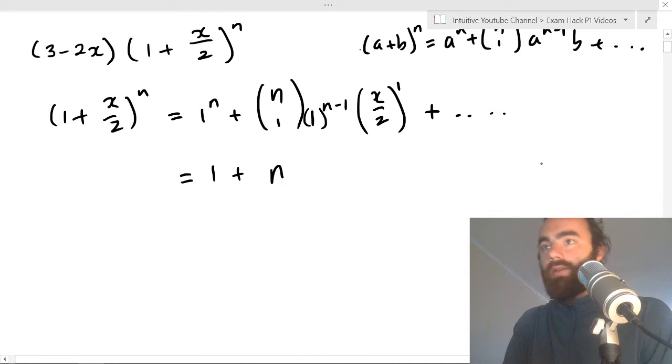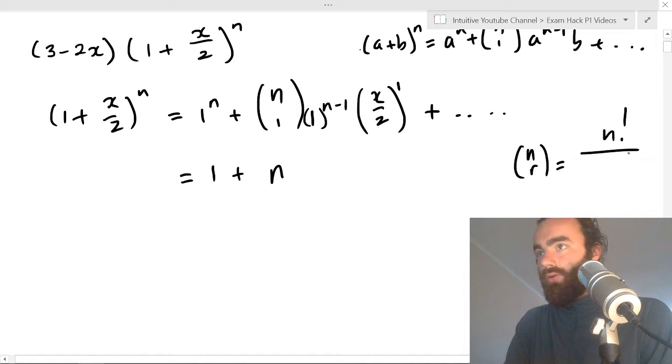And if you just think about it, you have this equation also on your formula sheet, n factorial over r factorial times n minus r factorial. Well, if r is 1, this becomes 1 factorial, and 1 factorial is 1, so we can just get rid of it. And then it's just n factorial over n minus 1 factorial.